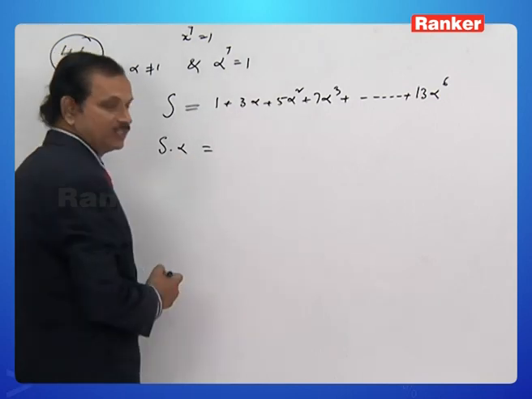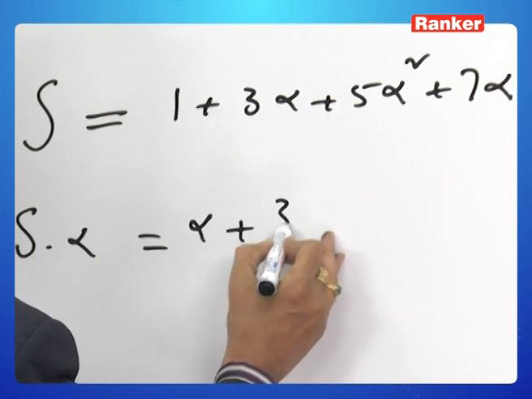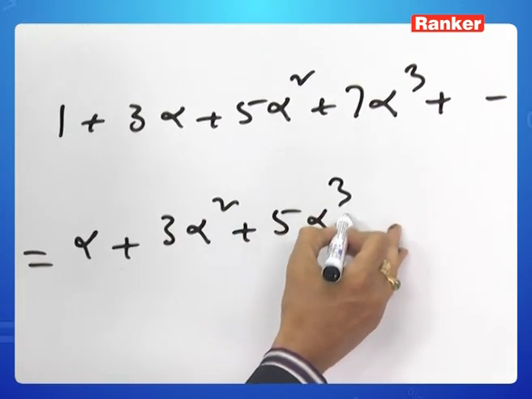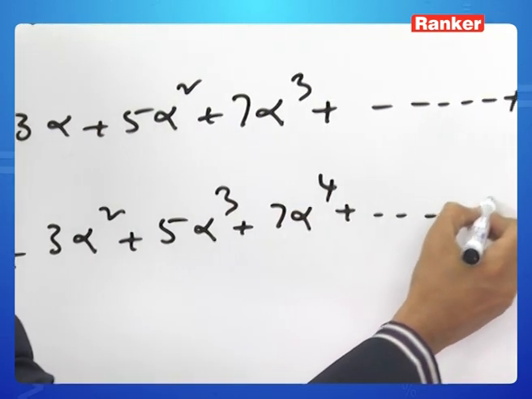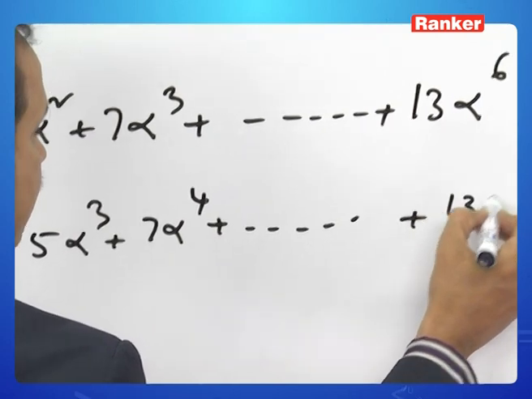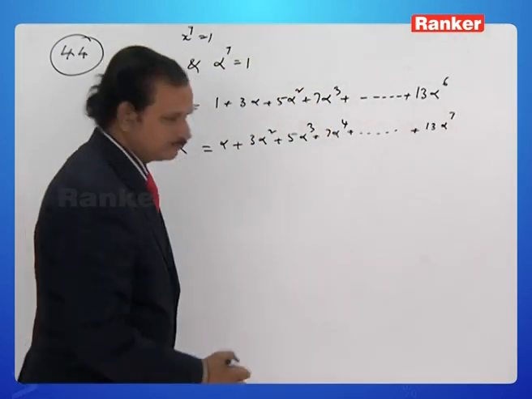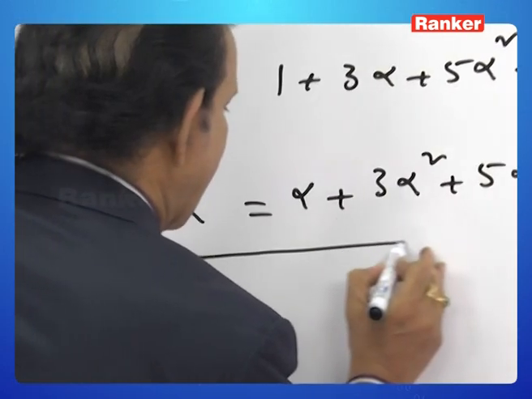Multiply both the sides with alpha. 1 into alpha, alpha plus 3 alpha square plus 5 alpha cube plus 7 alpha power 4 and so on, up to 13 alpha power 7. Am I correct? Good.